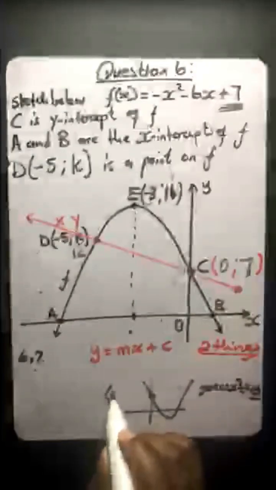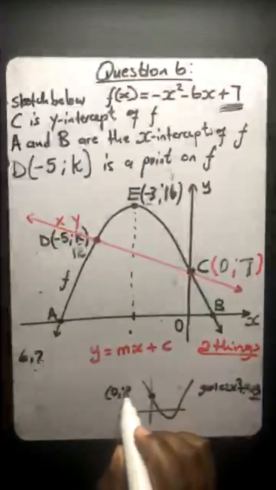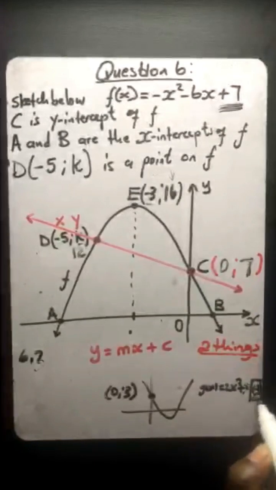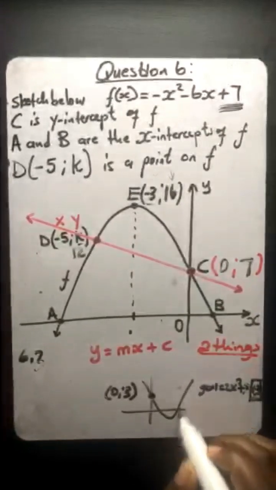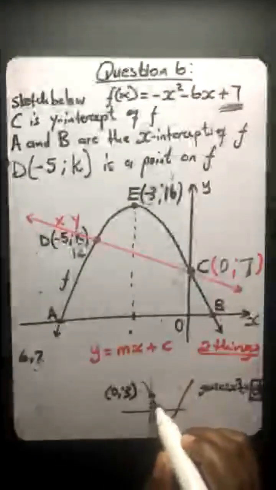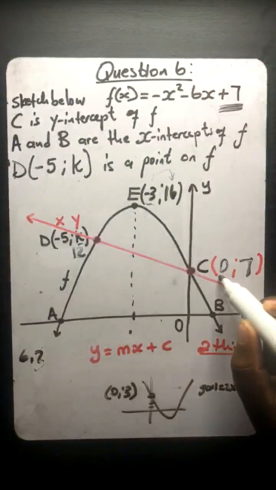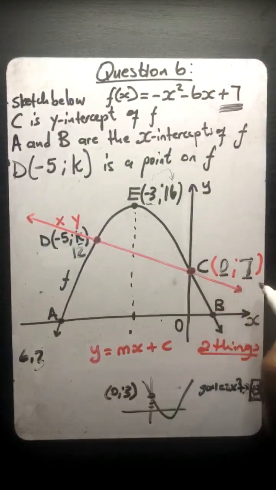That's where x is 0 and y is 3. We said this is the vertical shift, so the graph has shifted 3 units upwards. That is why I know that the coordinates of point C are x equals 0 and y equals 7.